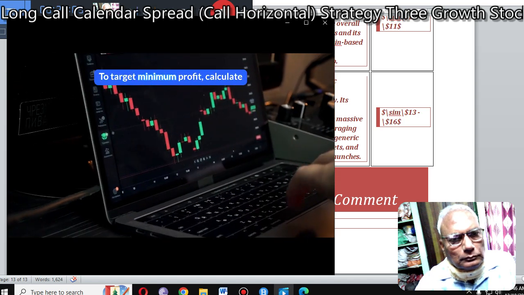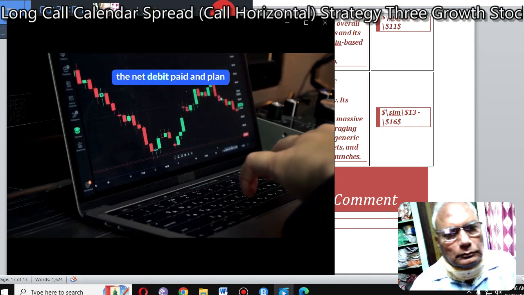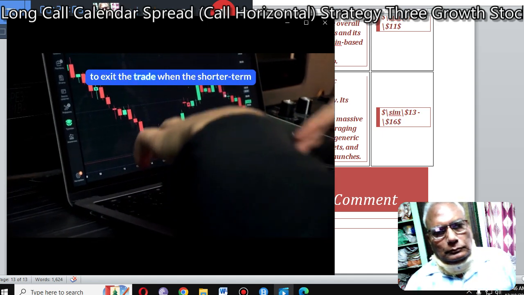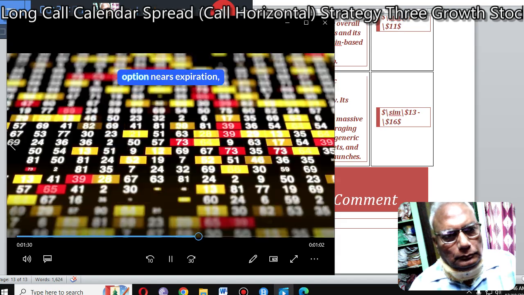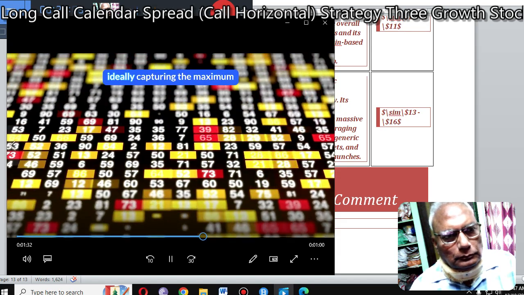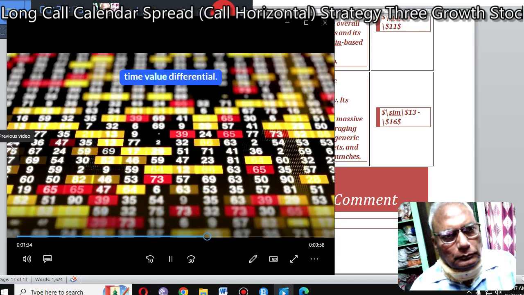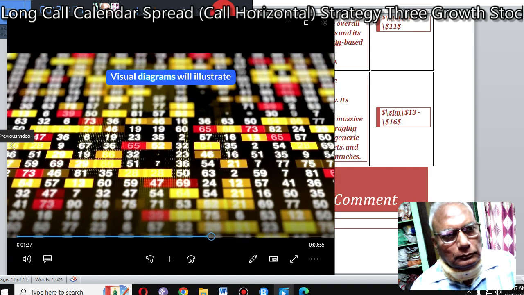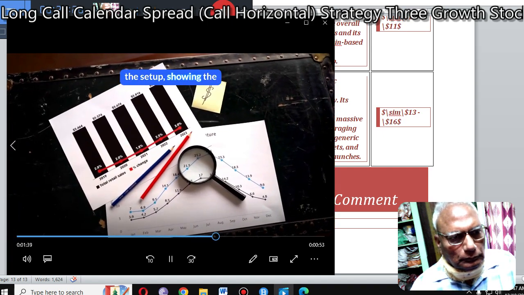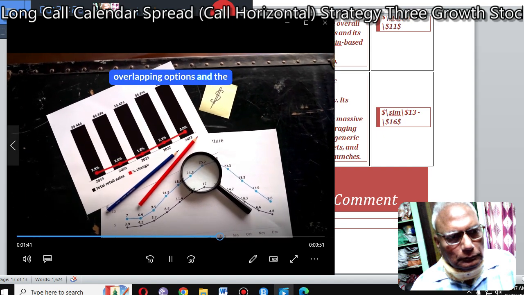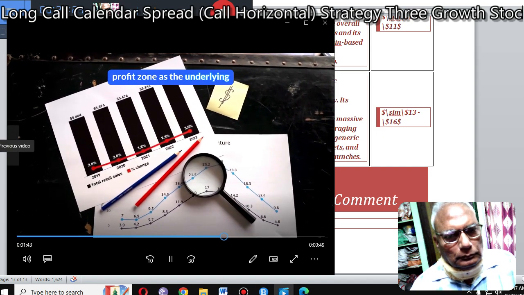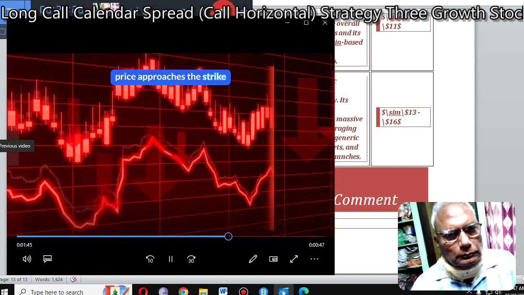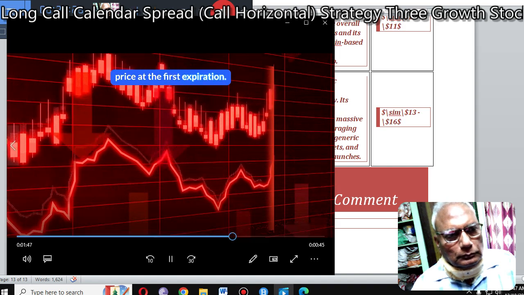To target minimum profit, calculate the net debit paid and plan to exit the trade when the shorter-term option nears expiration, ideally capturing the maximum time value differential. Visual diagrams will illustrate the setup, showing the overlapping options and the profit zone as the underlying price approaches the strike price at the first expiration.